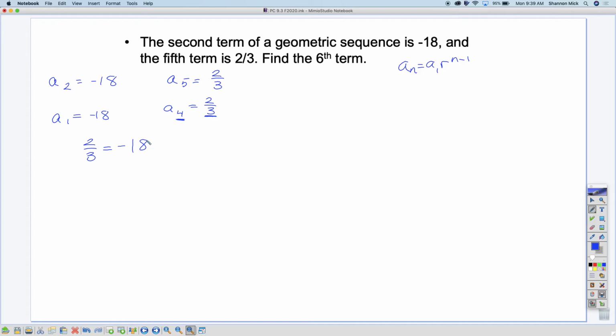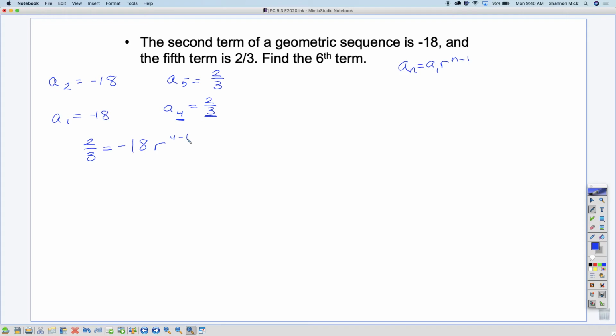Our 4 is going to be our n, and so our a sub n is 2/3. So 2/3 equals a sub 1, which is negative 18, times r. We don't know r, that's what we're looking for. What is our n? 4 minus 1. A sub n is the value of the 4th term.